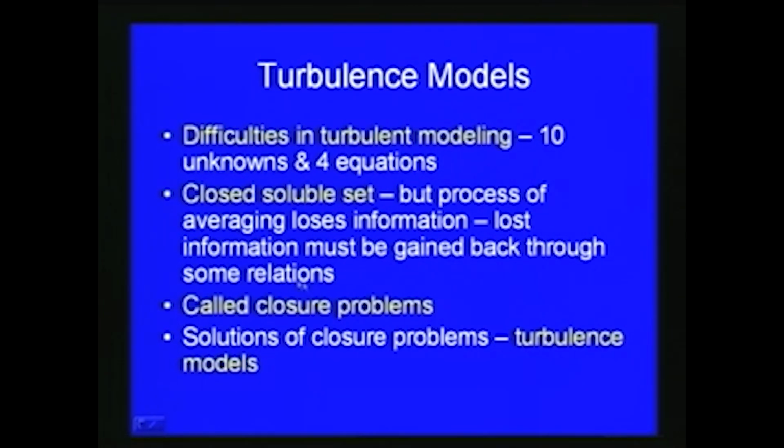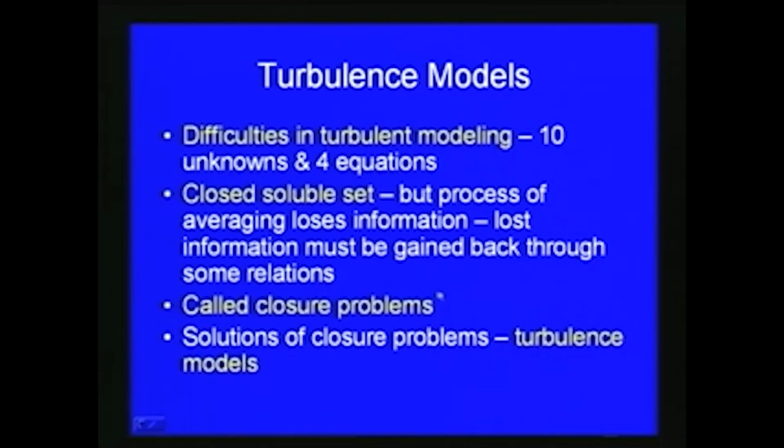This way of approach is called the closure problem in turbulence modeling or turbulence solutions, where we use some of the basic equations like the Navier-Stokes form of the equations, and then some of the important information is lost, and this we gain back by some other relations.